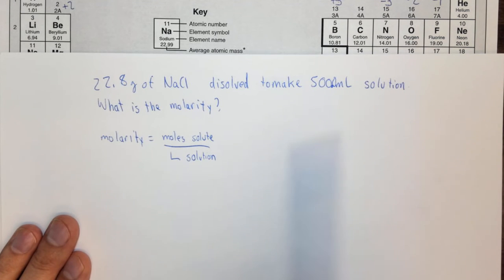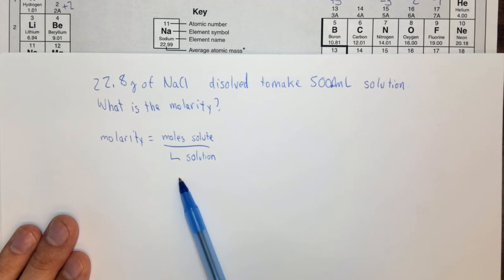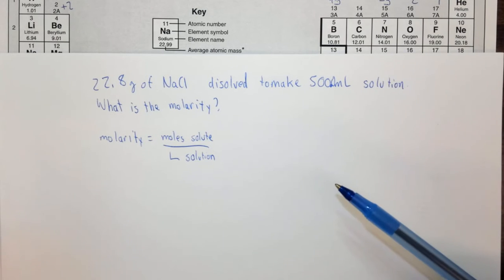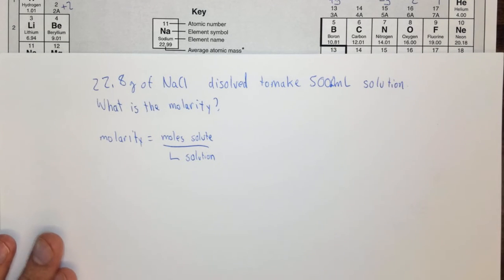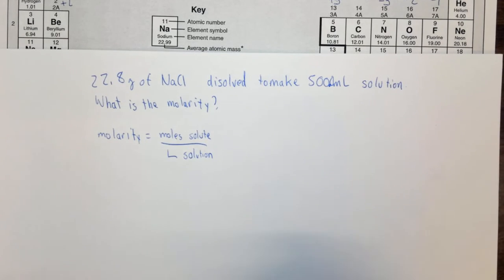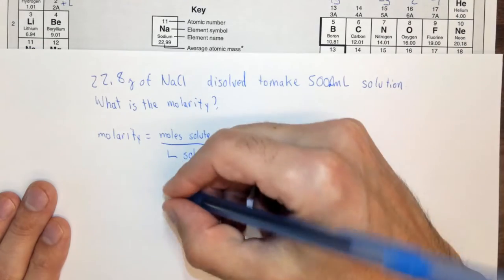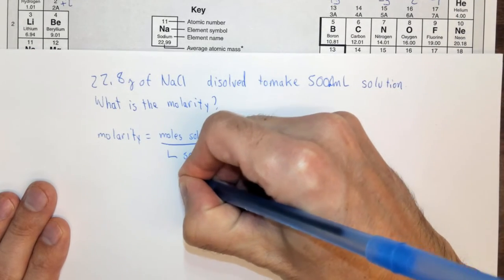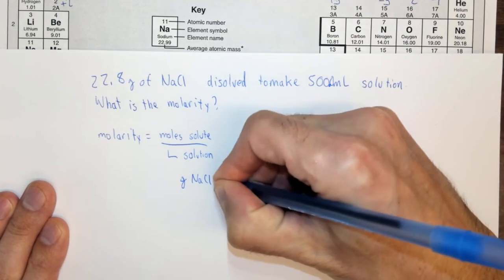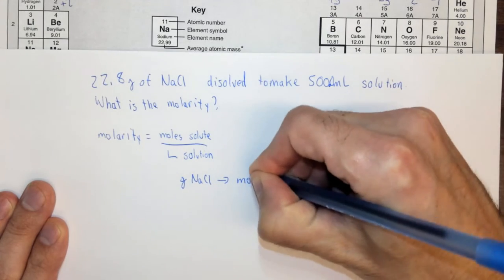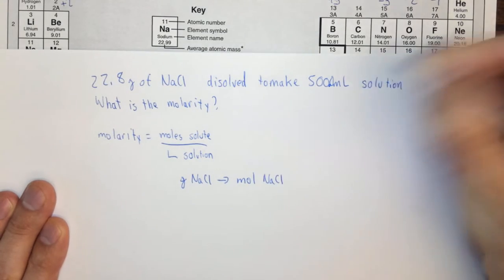Or we could do this by something that looks like dimensional analysis. Again, we could convert from grams to moles and plug in, we could convert from milliliters to liters and plug in, and we could solve it that way. That's perfectly a reasonable thing to do. But I'm going to do something that looks a little bit more like dimensional analysis because, one, we learned how to do dimensional analysis, and this just gives us more practice. So what I want to do here is take grams of NaCl and convert it to moles of NaCl.